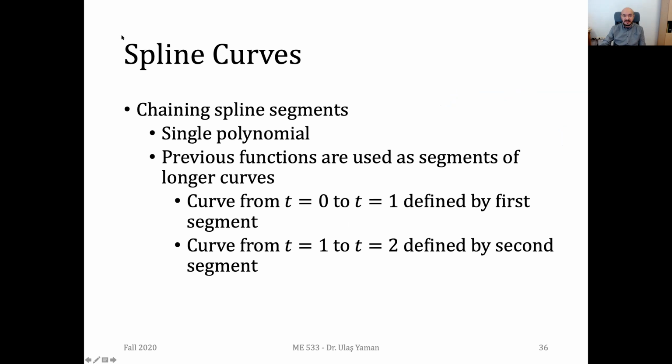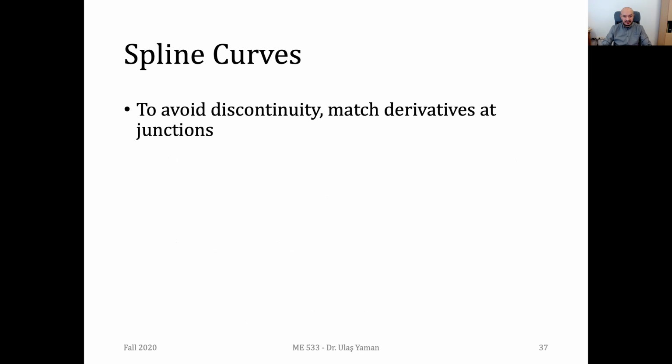So if you have the formulation of your spline curve, then by changing this t value, we can focus on specific segments. And this is summarized here. We have the overall representation of the spline curve, and it's defined, as you see, with discrete kinds of functions. And these functions are a bit different for each interval, since their coefficients might be different.